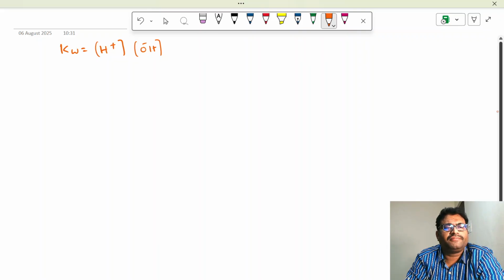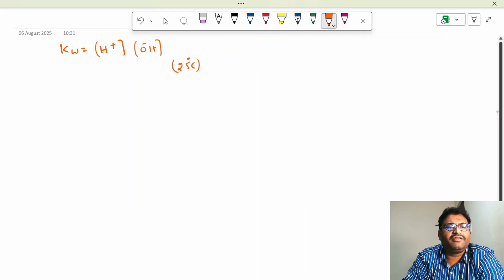Then we have studied that at 25 degrees centigrade or 298 Kelvin, Kw is equal to 10 power minus 14 mole square per liter square, right? Where H plus ion concentration is equal to 10 power minus 7 moles per liter and OH minus ion concentration is equal to 10 power minus 7 moles per liter.